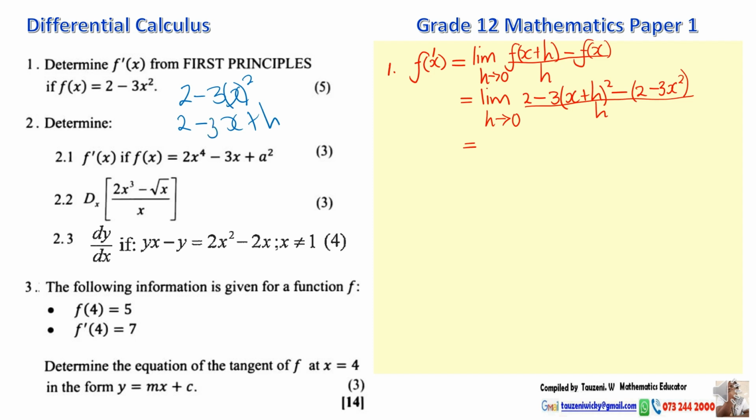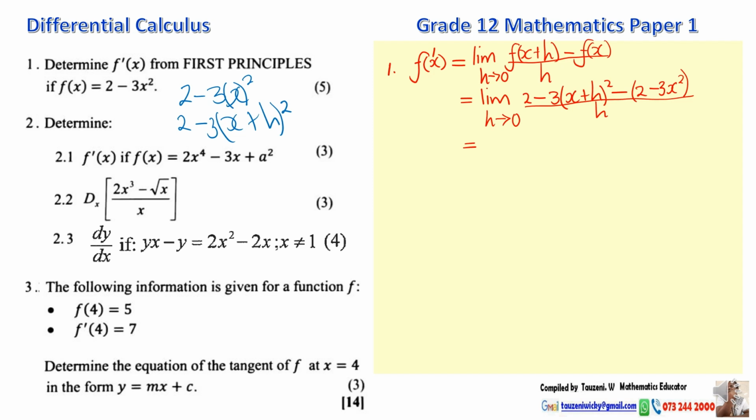So 3x squared will now become 3 factor of x plus h squared. That's what we mean by f of x plus h. It simply means in the expression, remove x and substitute it with x plus h. Once we do our substitution, we go ahead and simplify our expression.